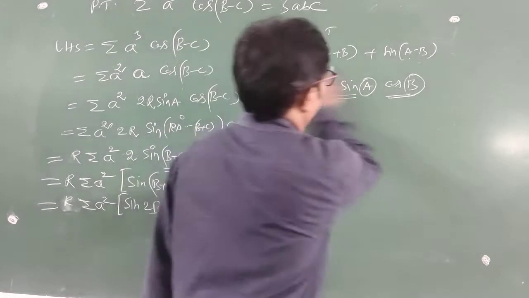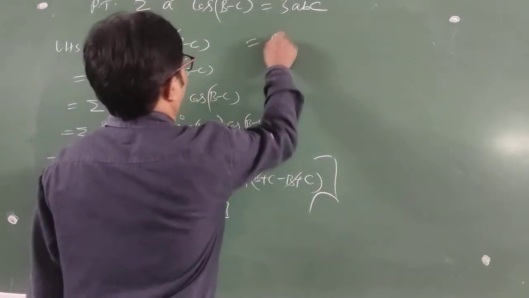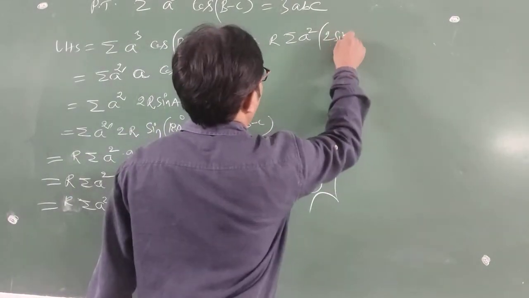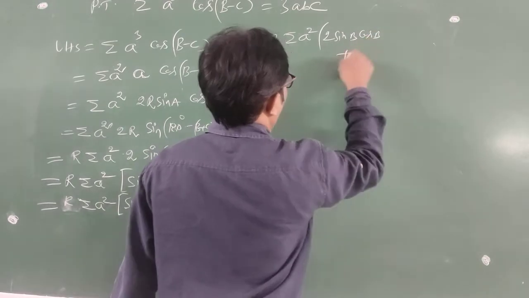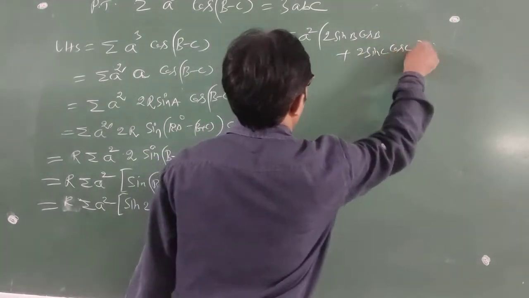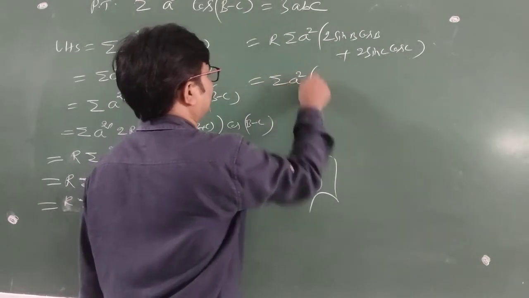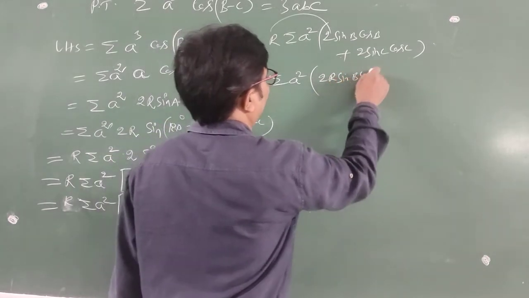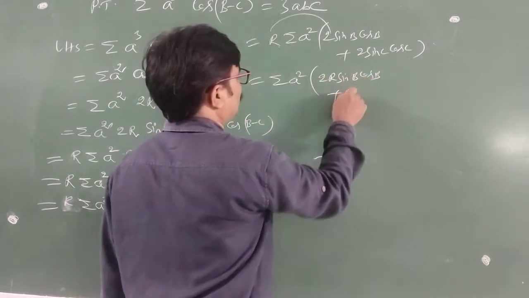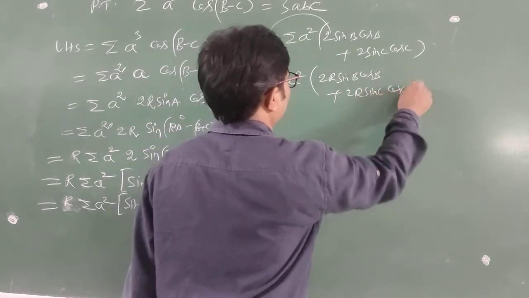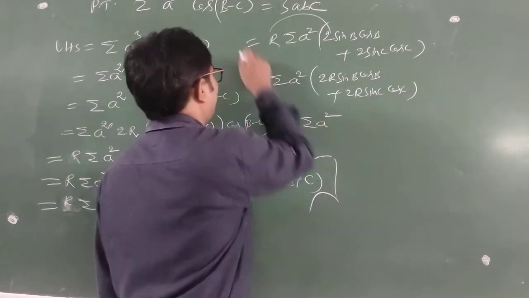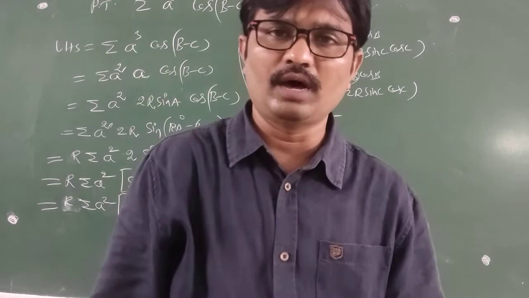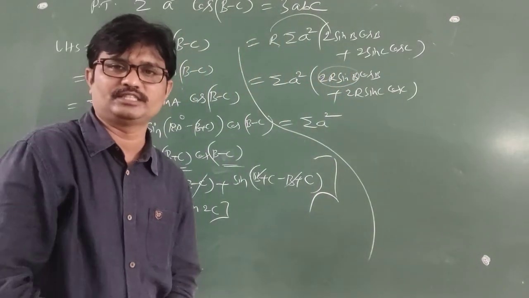Now we can write R into sigma a square. The sin 2B is of the form 2 sin B cos B. After that, this is 2 sin C cos C. So sigma a square, now multiply with R. This is 2R sin B into cos B, after that 2R sin C into cos C. Therefore, sigma a square, 2R sin B. The small a is 2R sin A, small b is 2R sin B, small c is 2R sin C from the sine rule.